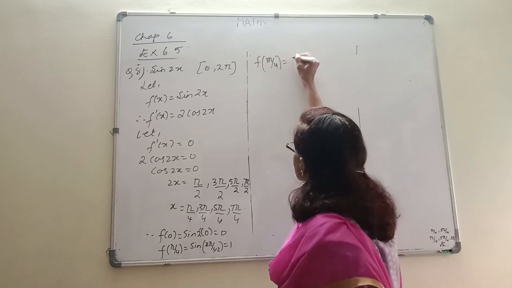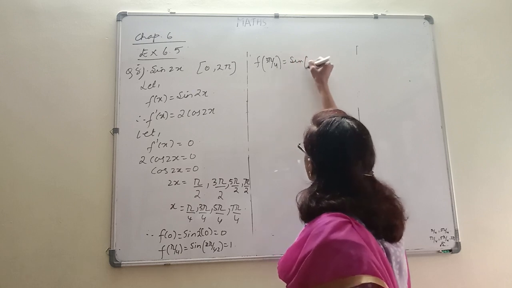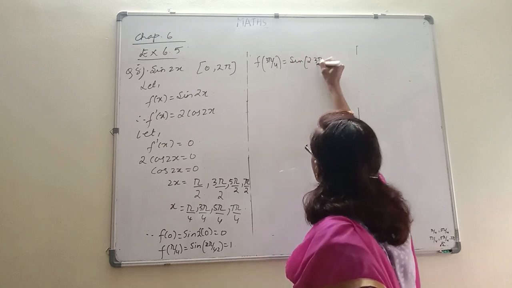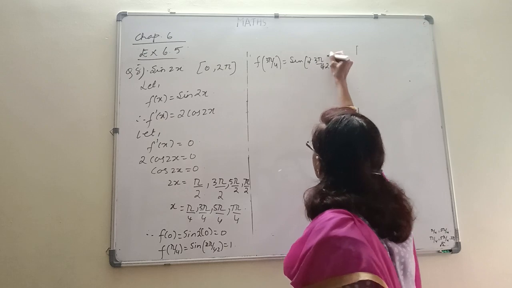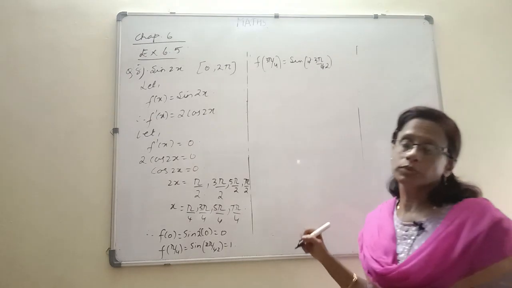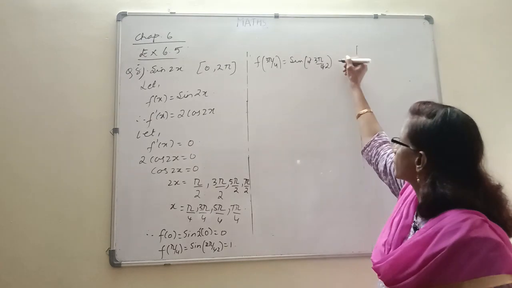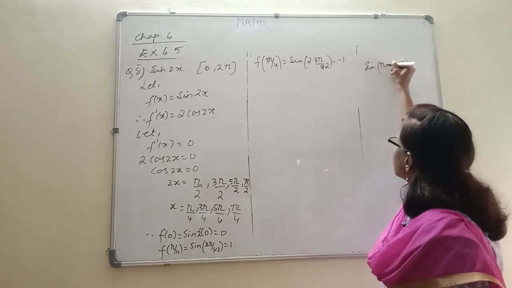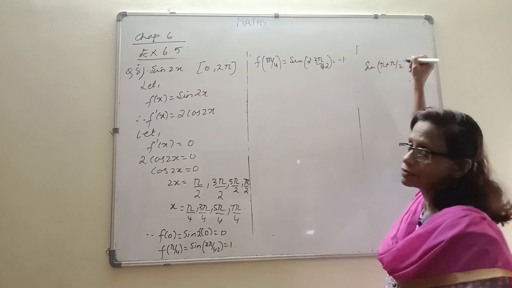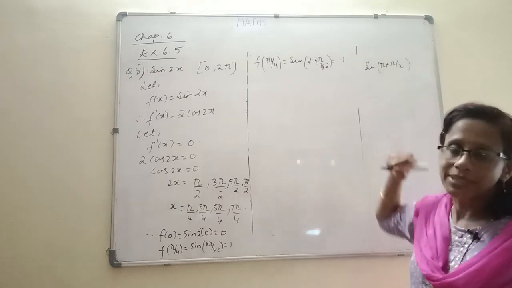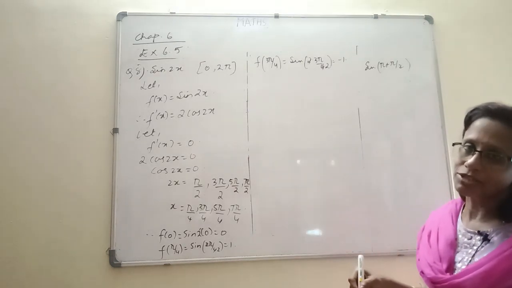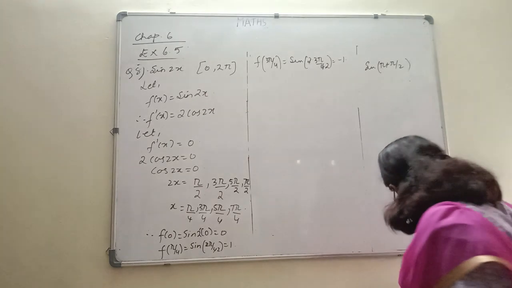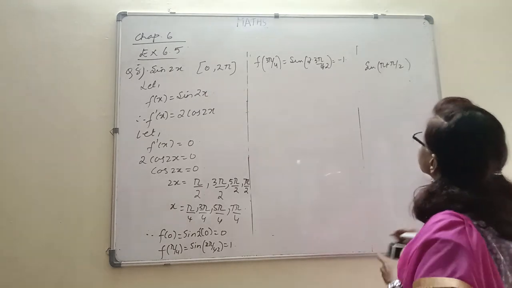It is sine 2 times 3 pi over 4, which is sine 3 pi over 2, which is negative 1. You can check this because it is sine of pi plus pi over 2, which is in the third quadrant, which is always negative, and that's how it becomes negative 1.